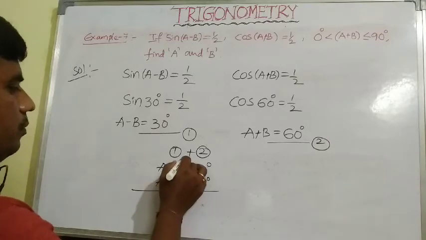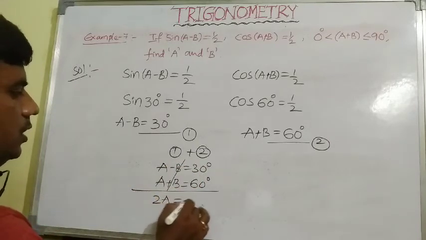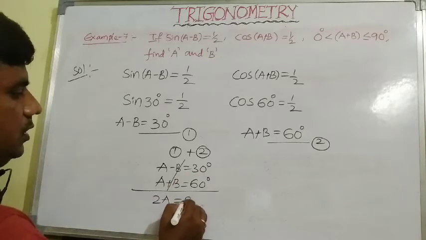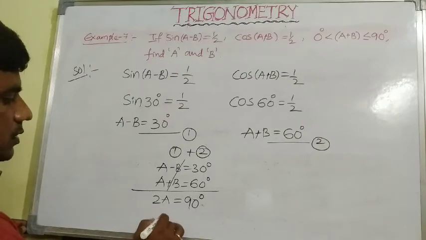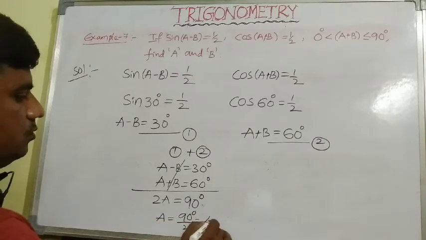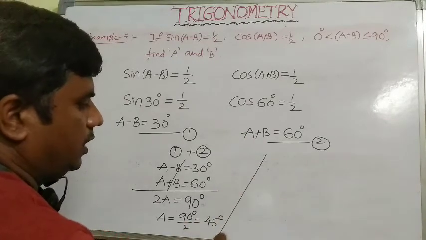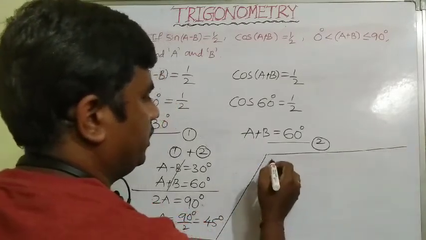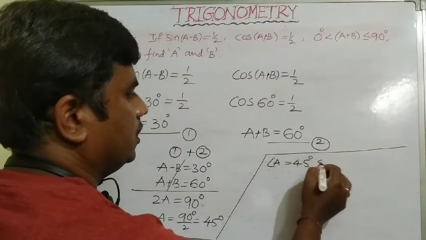Minus b plus b gets cancelled, a plus a is 2a, 60 plus 30 is 90 degrees. 2a equals 90 degrees. Therefore a equals 90 by 2, that is 45 degrees. So angle a equals 45 degrees.